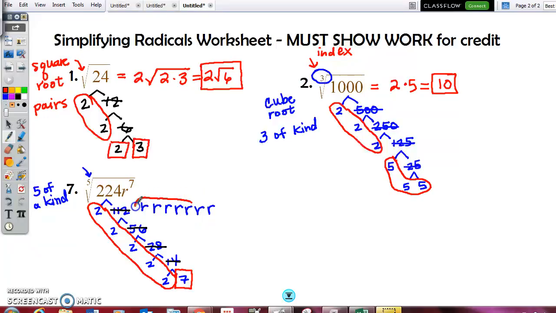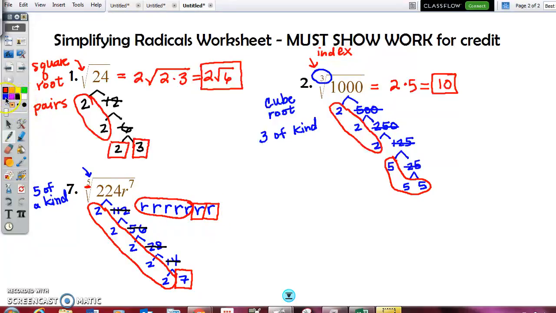With 2 left over. So there's one group of R's that gets to come out of the house. And then 2 little R's that are staying home. Even though there's a pair of them, remember we are not looking for pairs now, we are looking for 5 of a kind. So there's not enough of those to come out, so those have to stay in.